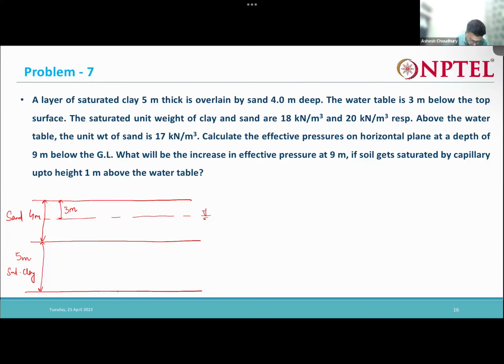So here we need to find out the effective stress. First, let's find out the total stress. So what will be the total stress?